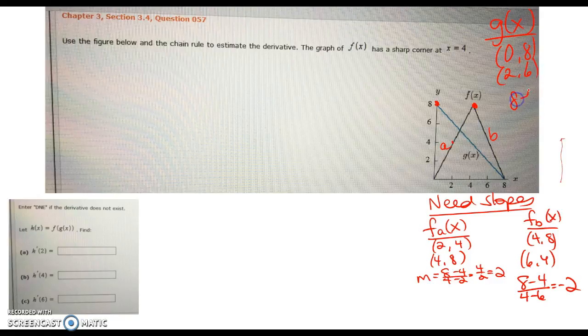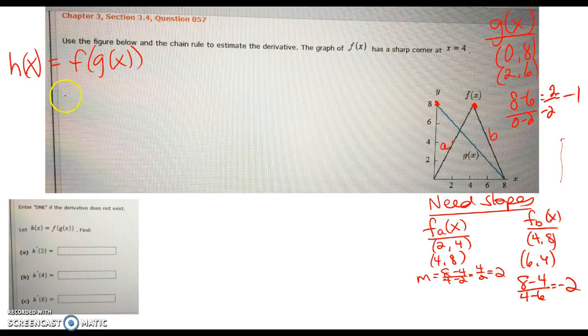So the slope would be 8 minus 6 over 0 minus 2. 2 over negative 2 equals negative 1, because we're going to need that in a minute. Alright, so they want us to estimate some derivatives of h of x equals f of g of x, this composite function.